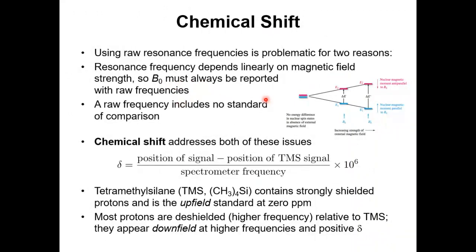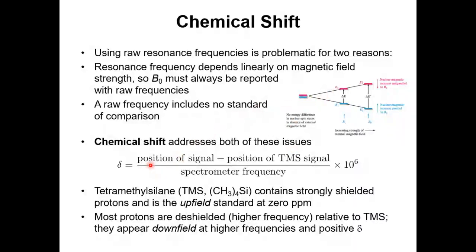And also a raw frequency includes no standard of comparison. So if you only have a resonance frequency, you don't really know how you can directly derive structural information. So to address both of these two issues, chemists invented a parameter called chemical shift, which addresses both of those issues.